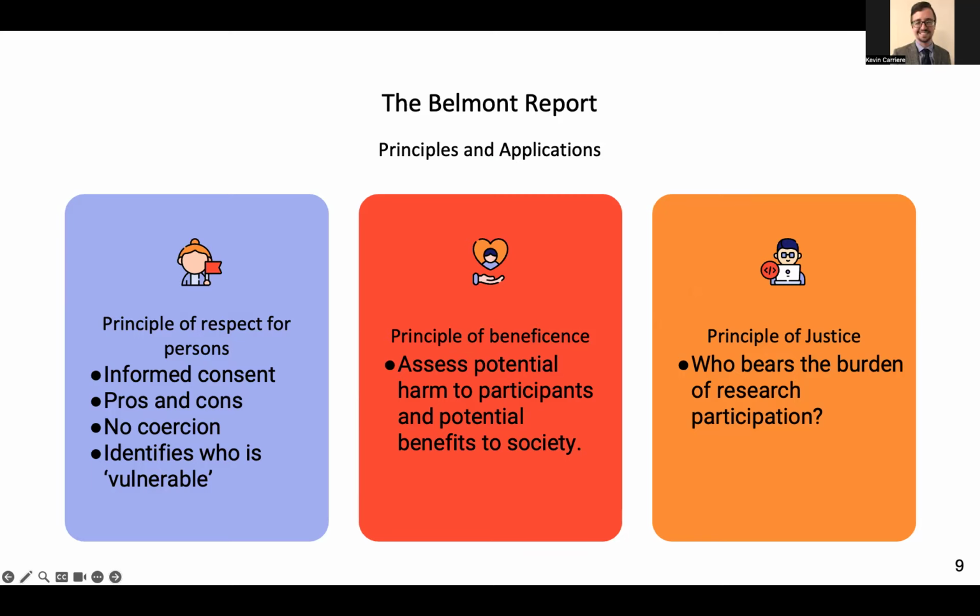And so here, justice is thinking, who is taking on the burden of participating in research? In the Tuskegee syphilis study it is pretty clear. Black men are being asked to take on all of the burden, even though everyone gets to benefit. White men will receive better health care based on the knowledge that we gain without having any of the risks.